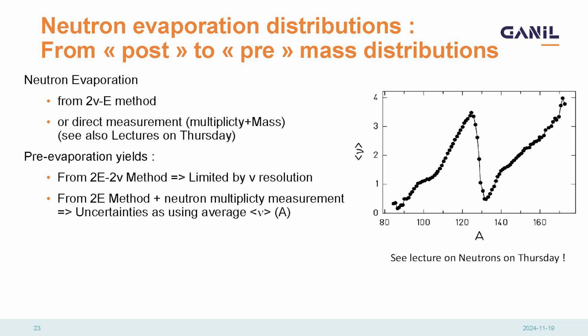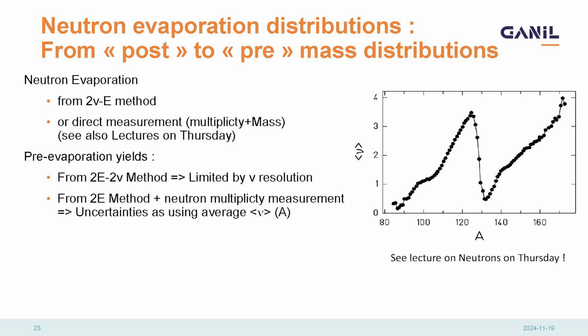From a long time back, the neutron multiplicity as a function of the mass was measured independently, and you will see it on Thursday. You can measure those quantities and eventually apply them independently to the independent mass yields that are measured, and you then have to see how you fold what you get in mass, because mass is not exactly the same as identifying a nucleus in Z and A. Or you can measure in a correlated way by the 2E method, but you are somehow limited by the velocity resolution.